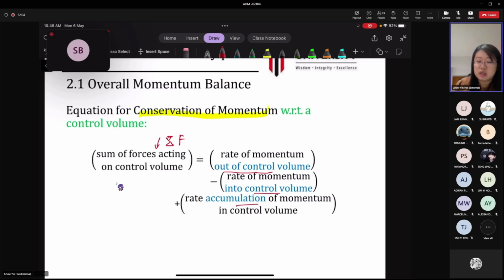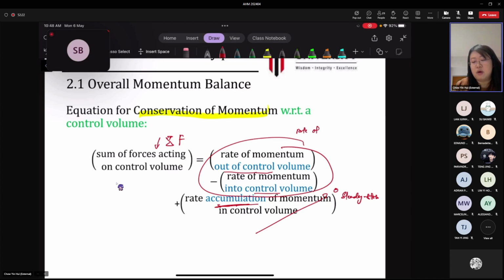This is the accumulation term, which means if it's a steady state, this term goes to 0. Then the sum of forces that act on the system is just equivalent to the difference of the outflow and inflow terms, sometimes also called the rate of momentum efflux.